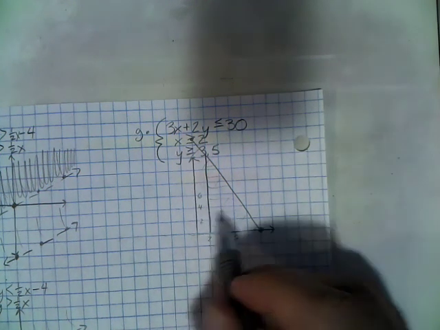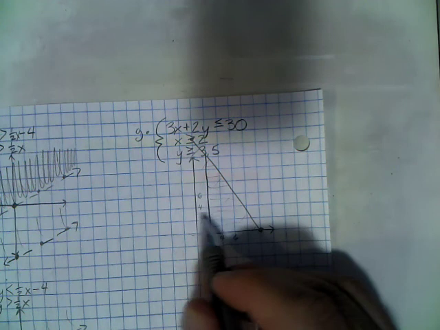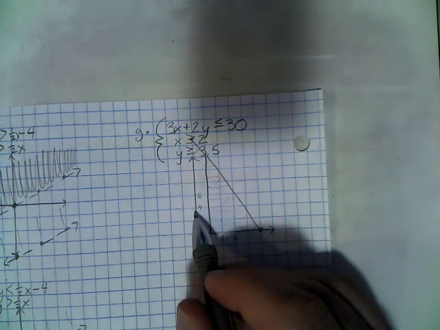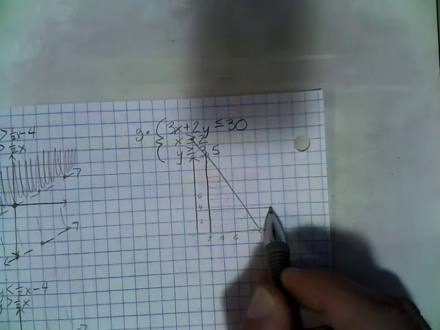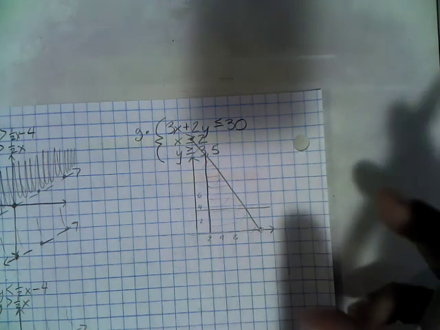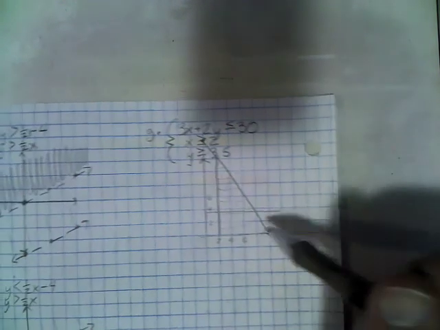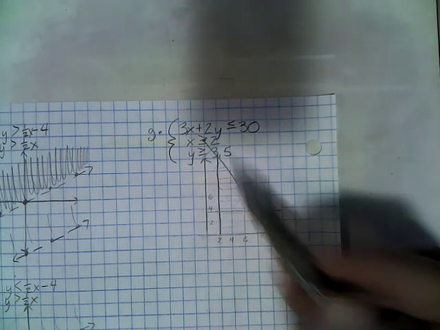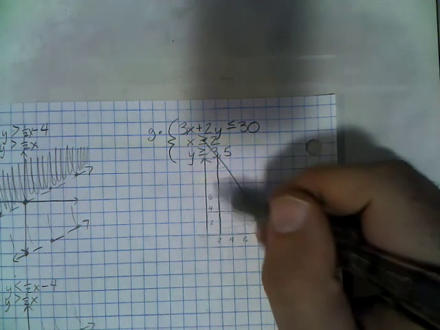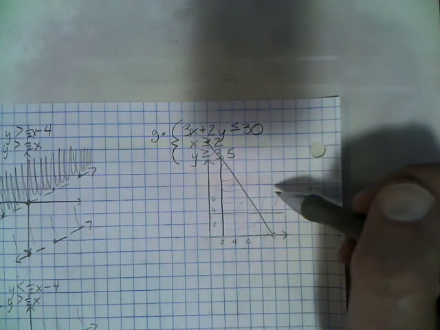So 3.5 would that'd be 3, so that'd be 3.5. It's going to be horizontal line. And so then we plug in the origin for that. Plug in 0 for y. Is 0 greater than or equal to 3.5? No. So the solutions have to be going up this way.